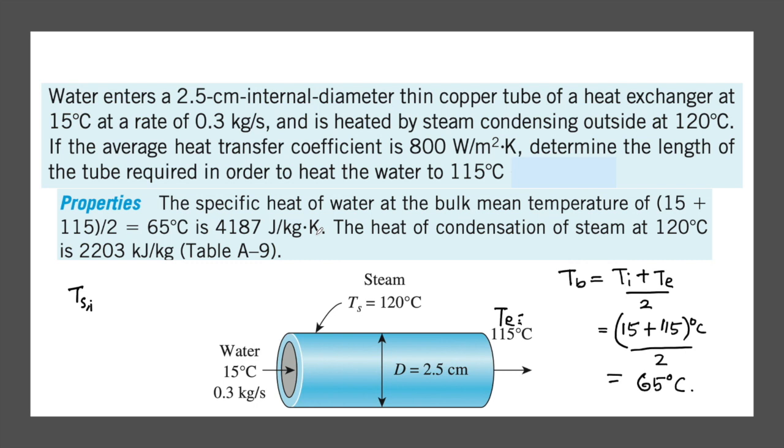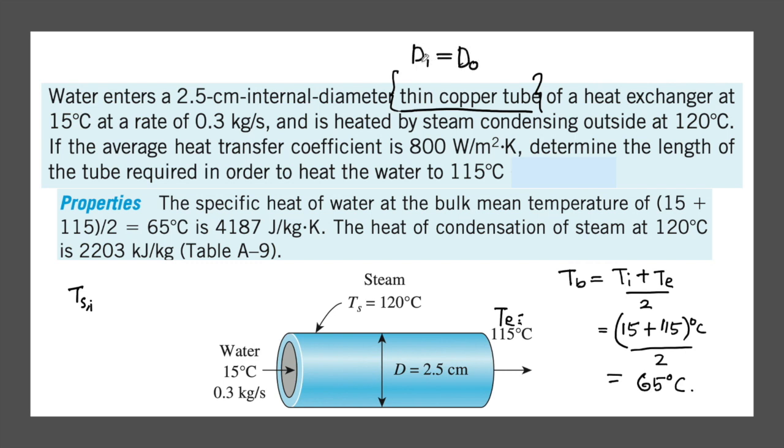Take a look at the question. Here, the question mentions a thin copper tube. When the question states a thin copper tube, therefore Di is equal to Do.